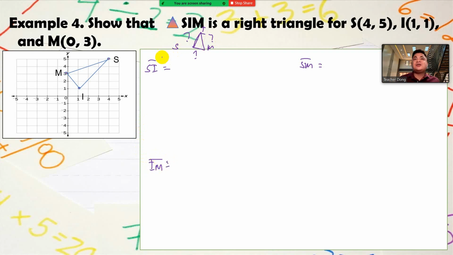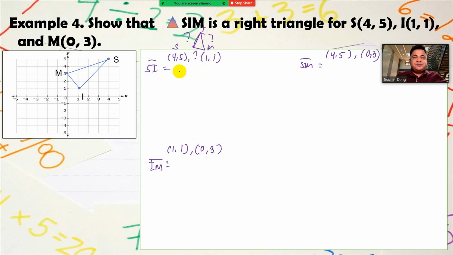Then write the points. Okay, for SI we have (4, 5) and (1, 1). For SM we have (4, 5) and (0, 3). Then for IM we have (1, 1) and (0, 3).